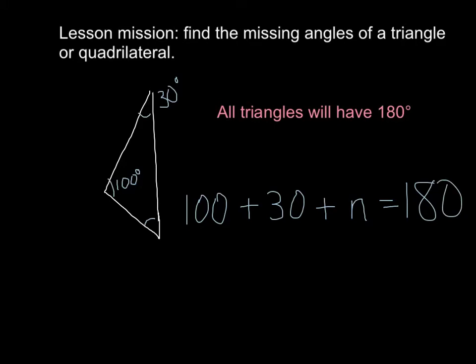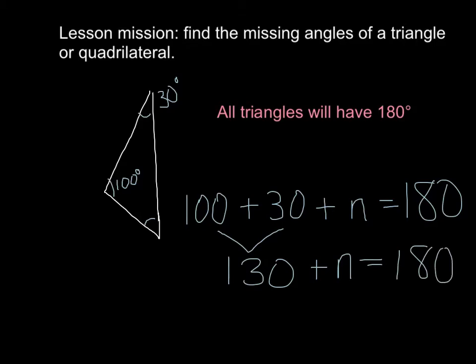So we'll go ahead and add our numbers that we know, which is 100 plus 30, which is 130, plus n equals 180. And you can do this one of two ways. You could solve the equation by isolating the variable, or you could think, what plus 130 gets you to 180?